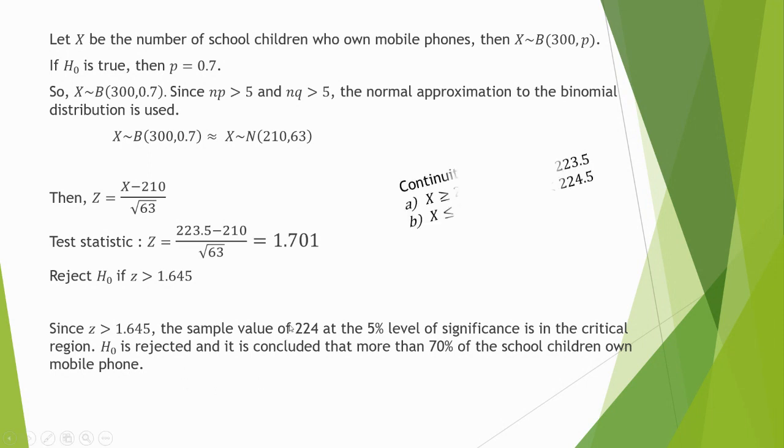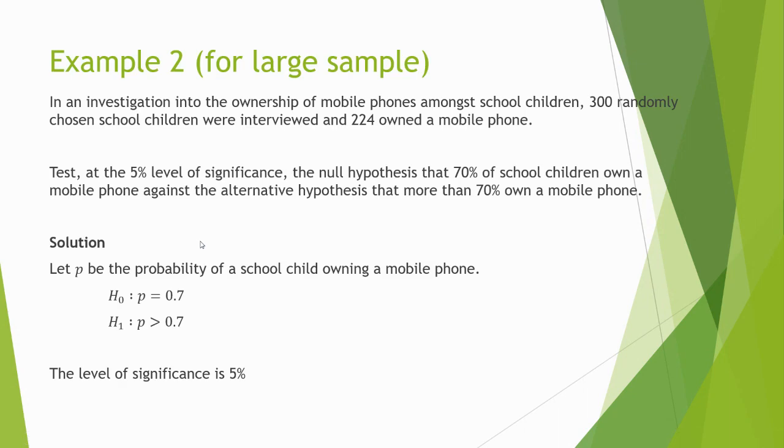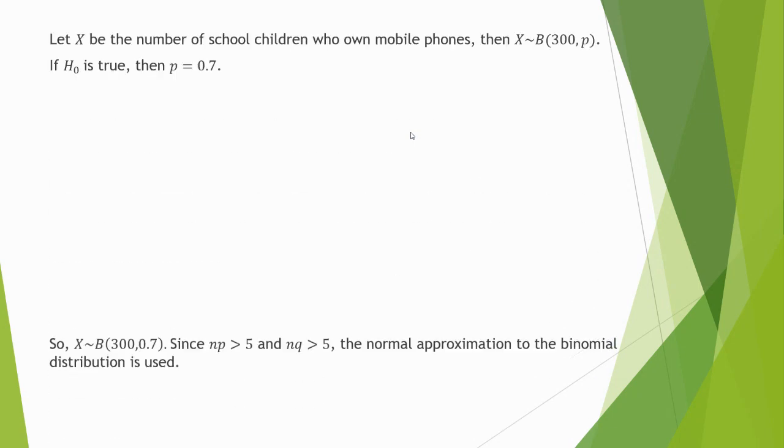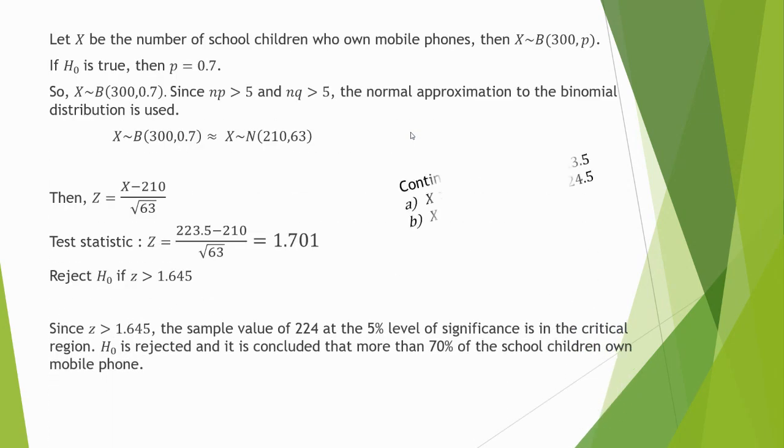One more thing here: because this is binomial, the question just now is to find the probability of 224 on a mobile phone, that is, X greater than or equal to 224.